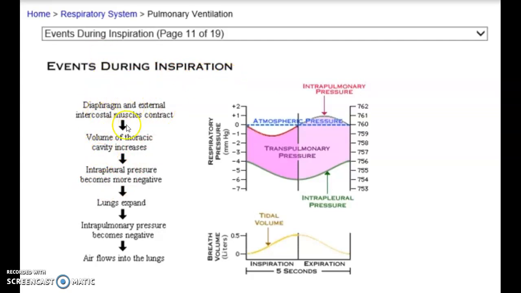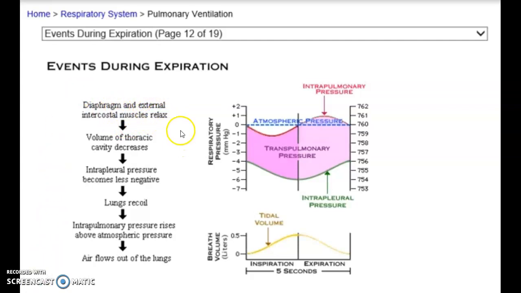Instead of diaphragm and external muscles contracting, they're going to relax. So looking now at the events during expiration or exhaling, again, we're starting on the outside. Since it's expiration, they need to relax, because relaxing makes the whole thoracic cavity smaller. And if it's smaller, then what's connected to it is going to get smaller.